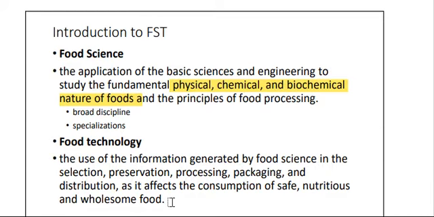I wanted to make clear the basic difference in an easy way. Food science is the science that we use to study the properties of foods, and food technology is the knowledge we get from food science. In food technology, we apply that knowledge to preserve, process, distribute, or package that food. This is food technology.